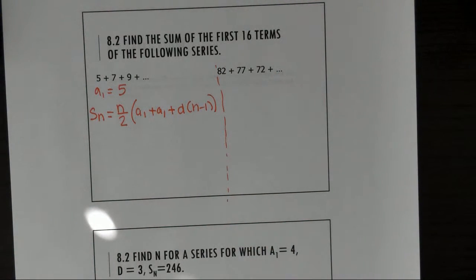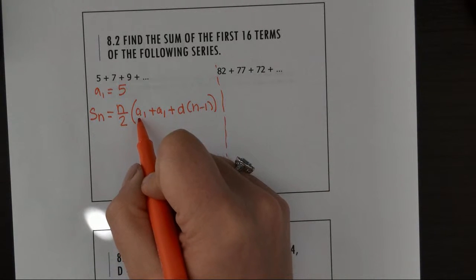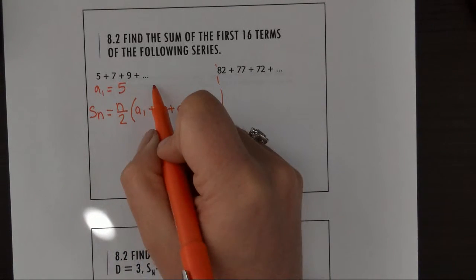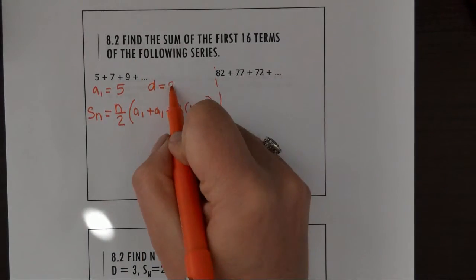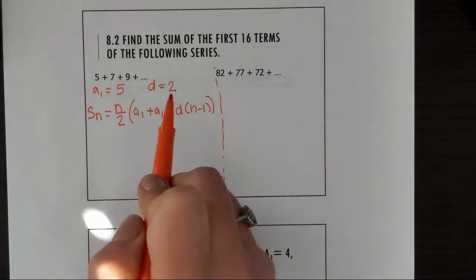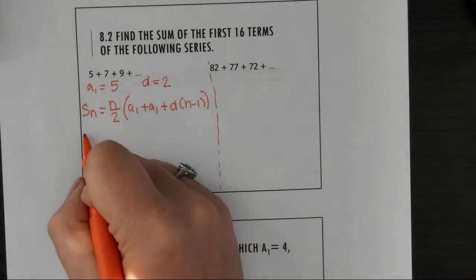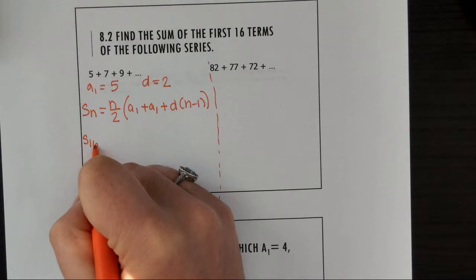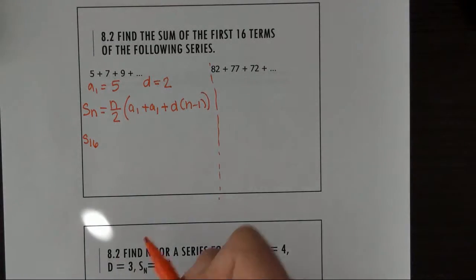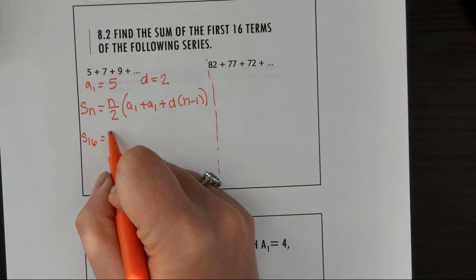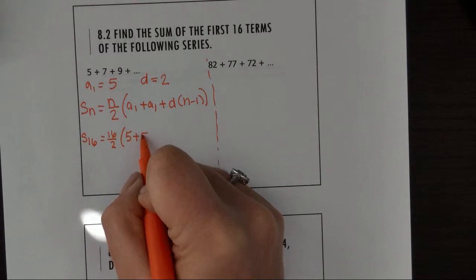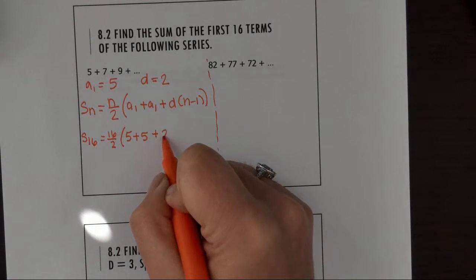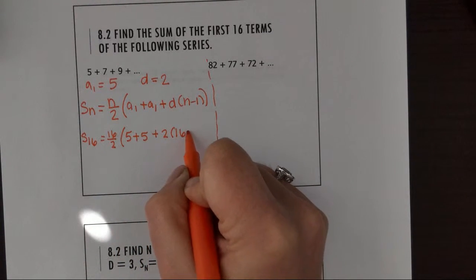So we know what a sub 1 is. We don't know what d is, but we can find that very easily. We take 7 minus 5 and we get 2. And just to check, 9 minus 7 also equals 2. So now we're going to plug everything in. S sub 16, because we were finding the sum of the first 16 terms, equals 16 over 2 times 5 plus 5 plus 2 times 16 minus 1.